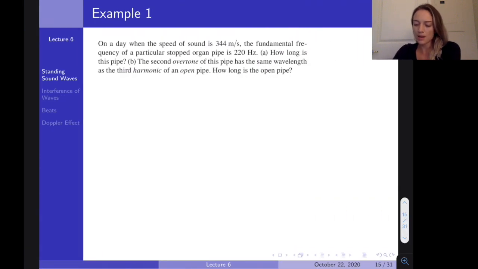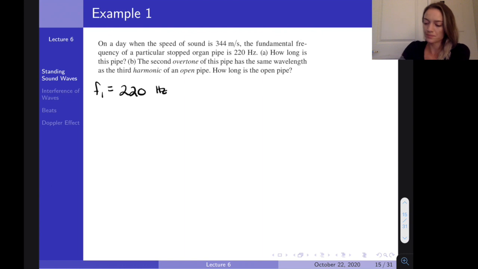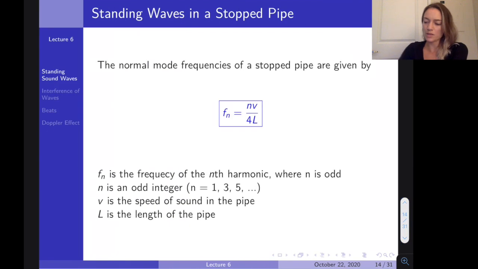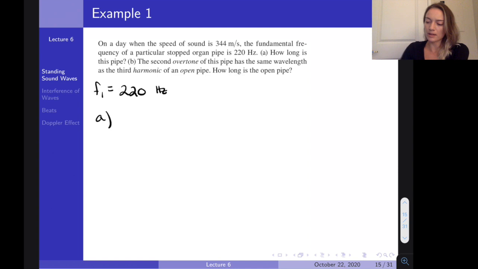On a day when the speed of sound is 344 meters per second, the fundamental frequency of a particular stopped organ pipe is 220 hertz. So I'll write that down as F1 is 220 hertz. How long is the pipe? Well, that's easy because we can just plug that into our fundamental frequency formula. For a stopped pipe, we can just look back at our equation we just had, where n is 1, so that's just going to be V over 4L.